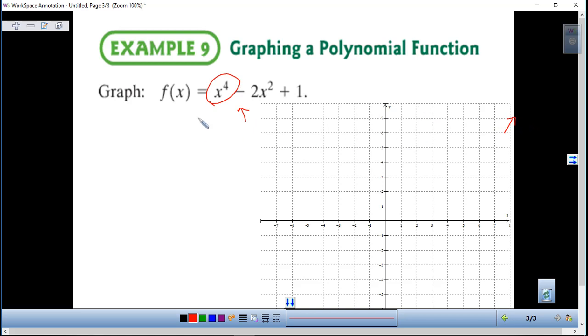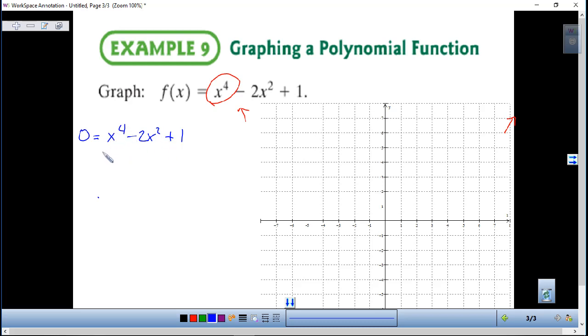Alright, so now we need to factor this thing. So to find the x-intercepts, I'm going to let 0 equal x to the 4th minus 2x squared plus 1. Now this is still in a quadratic form, even though my x is to the 4th and x squared.